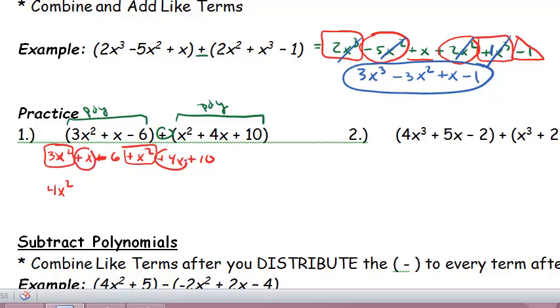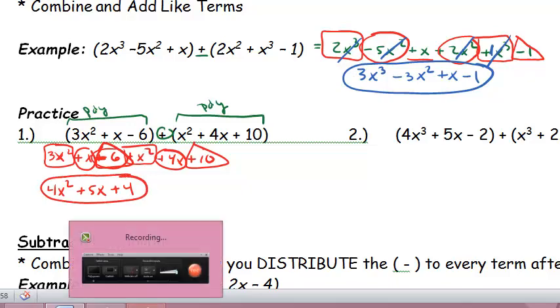X plus 4x is 5x. And negative 6, oops, let's do a different shape around that. Negative 6 plus 10 is positive 4. And we have added these two polynomials.